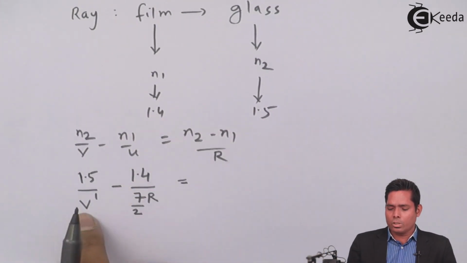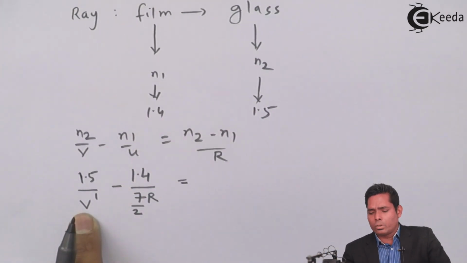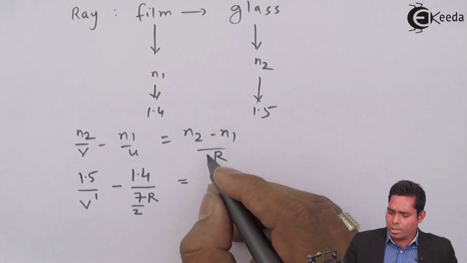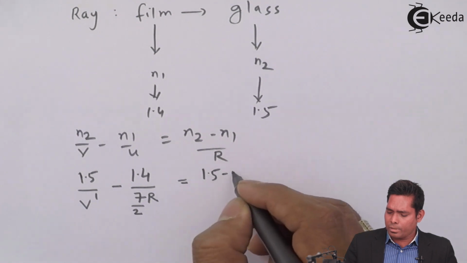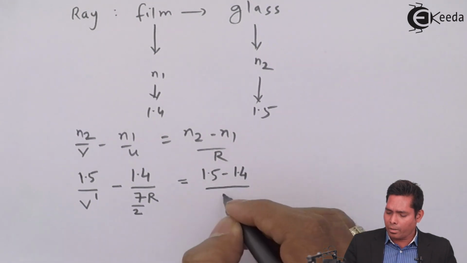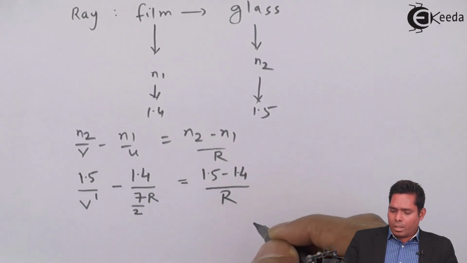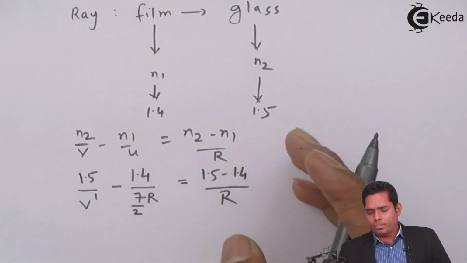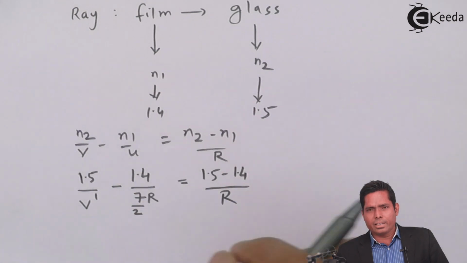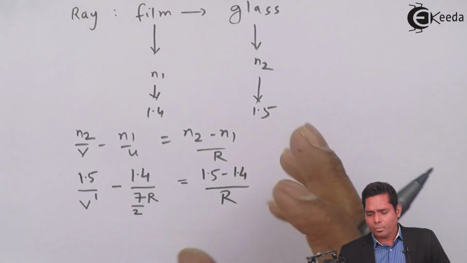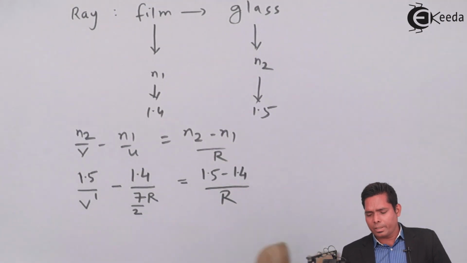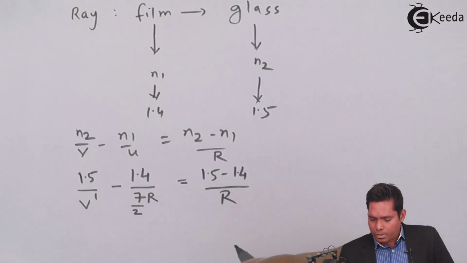This equals 1.5 minus 1.4 divided by r. This r will be positive because that is your right side, it is lying to the right side, so it is positive because in the direction of the ray it is happening.